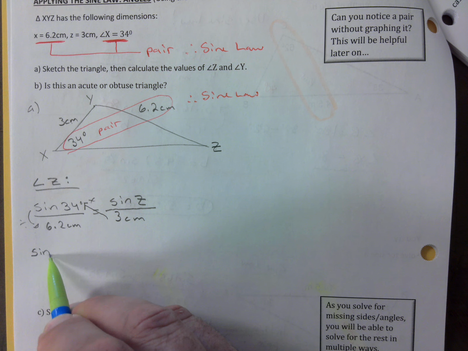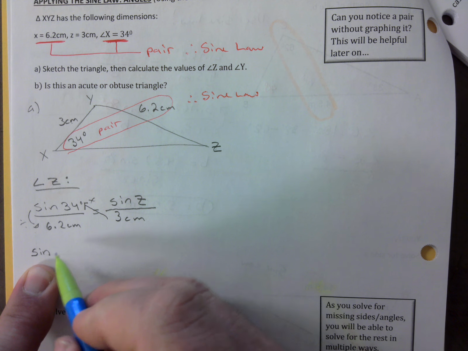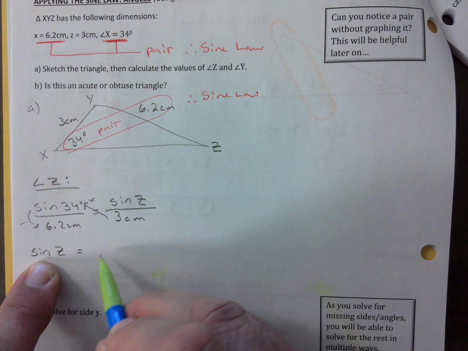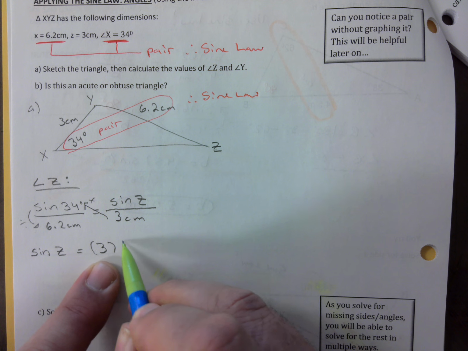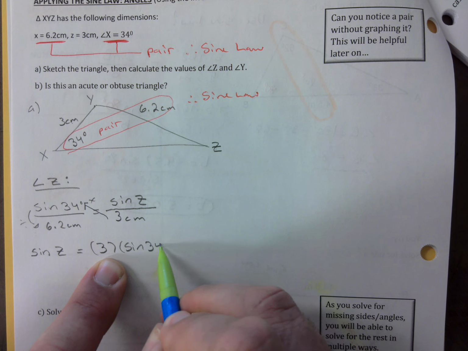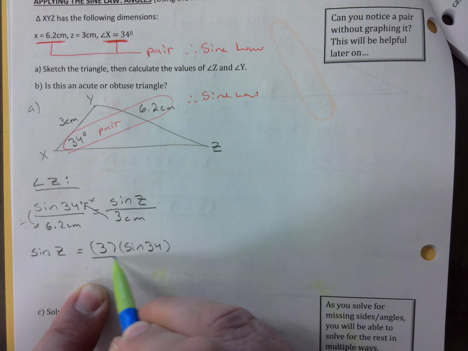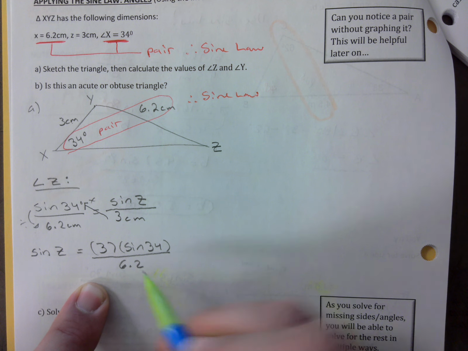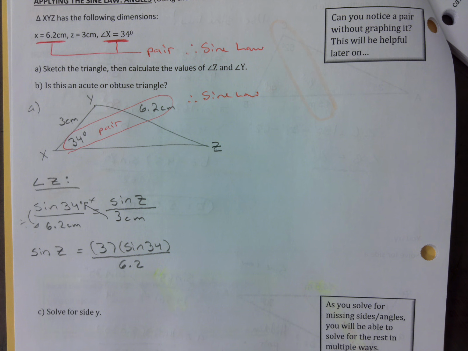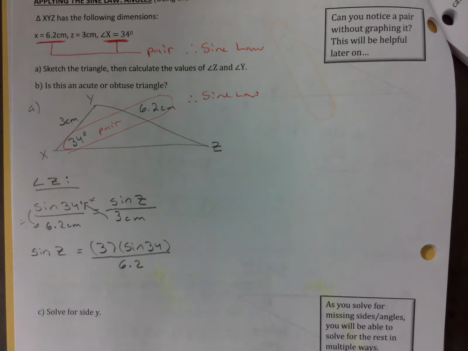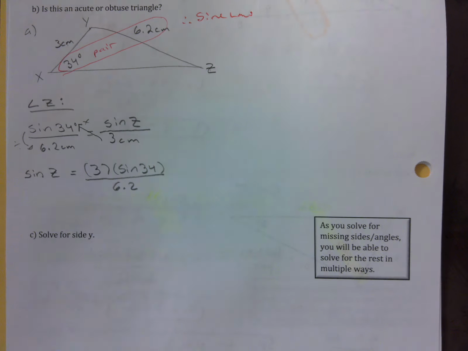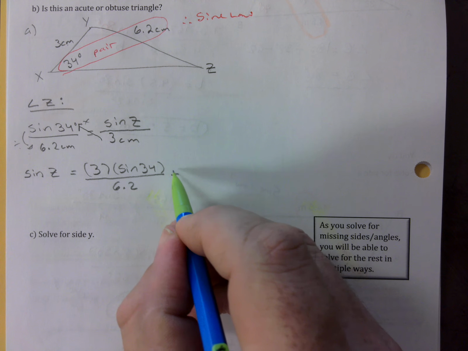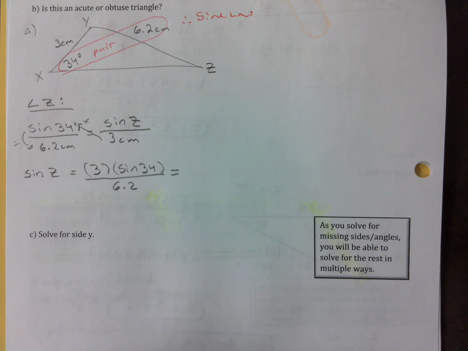A lot of students just put Z down. It's sine of Z is equal to 3 times sine of 34 divided by 6.2. I'm normally not a big fan of having things equaling each other a bunch of times, but it actually would be accurate to do that here.